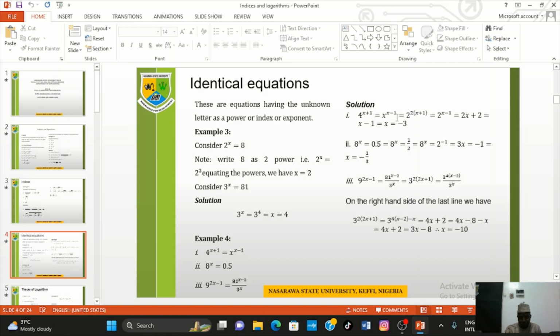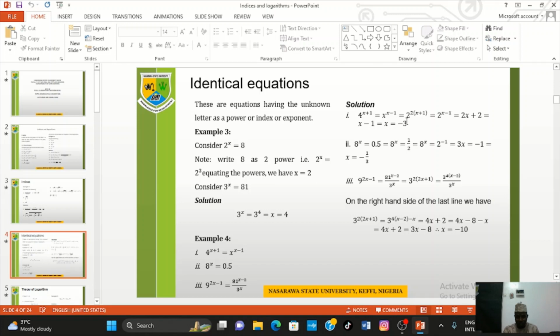You want to make the base the same, so you raise 2 to what power that will give you 4? At this point, you raise 2 to the power of 2, it will give us 4. So we can transform this to 2 raised to the power of 2, into the power already existing, x plus 1, in brackets. Then it is equal to 2 raised to the power of x minus 1.